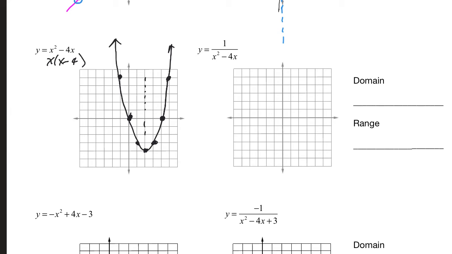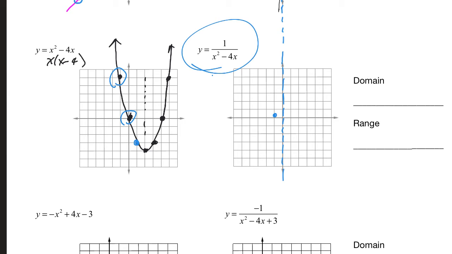Okay, so let me switch colors. If I'm trying to graph this one, the first thing I'm going to do is take the reciprocal of all of those ordered pairs that I just graphed on the left one. So if I do this one, that's up 1, 2, 3, 4, 5. So I have a reciprocal at 1/5. This 0 value is going to be an asymptote.